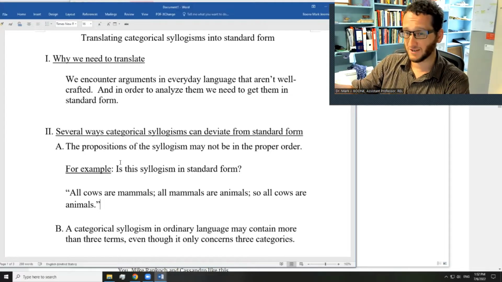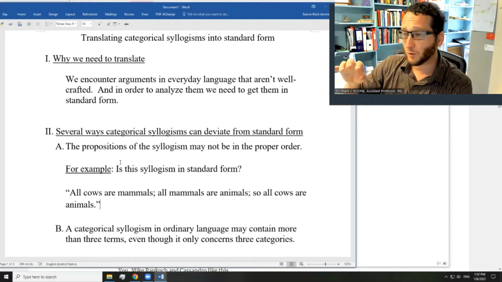So I didn't want to talk about this in any kind of detail. I know I've talked about it in earlier videos. Putting arguments into standard form is all about doing a little more work up front, making the arguments fit into some pretty narrowly defined structures, shapes, patterns.